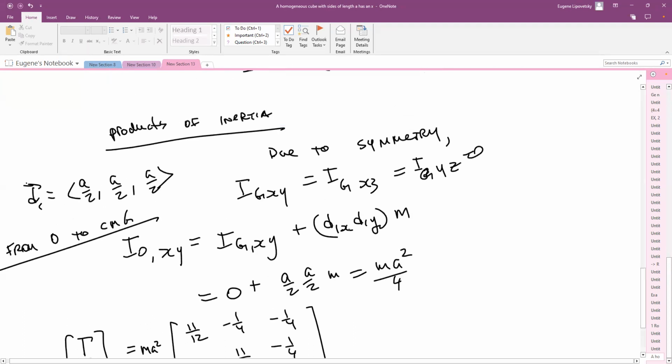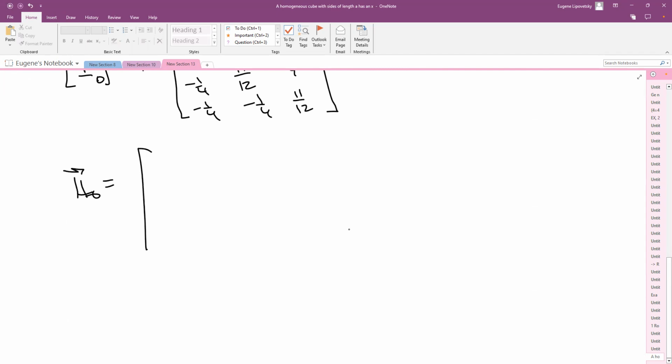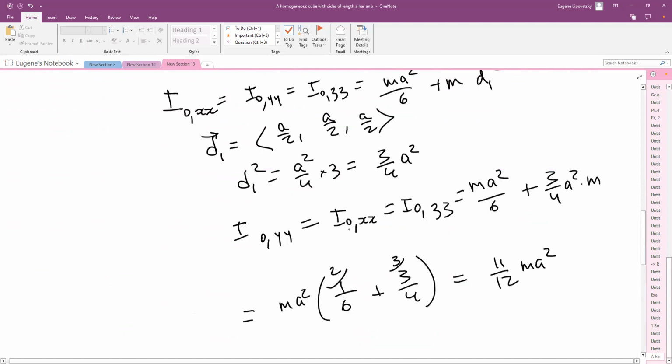And now we can find the H. H about O equals this matrix, which is MA squared, 11/12, 11/12, 11/12, -1/4 for the off-diagonal terms, multiplied by the vector of omega.